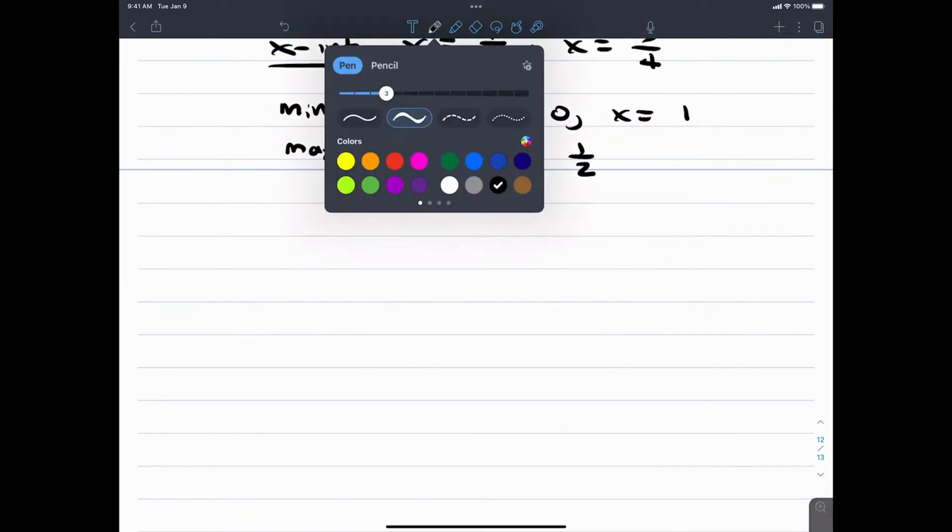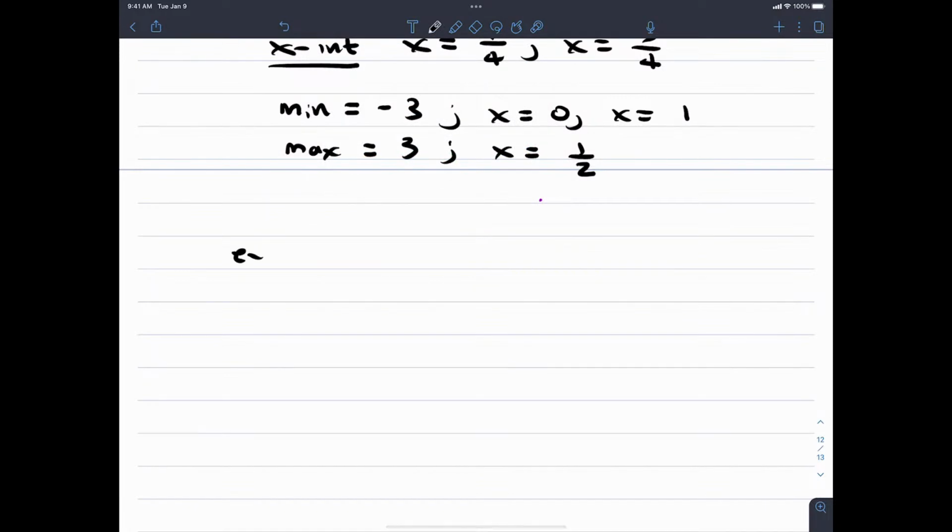Should we have you guys try one? Okay, I'm going to look at my little worksheet here. Let's have you guys try one. Where are you, worksheet?